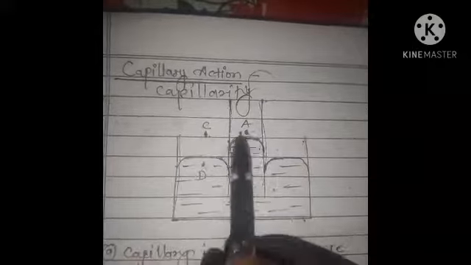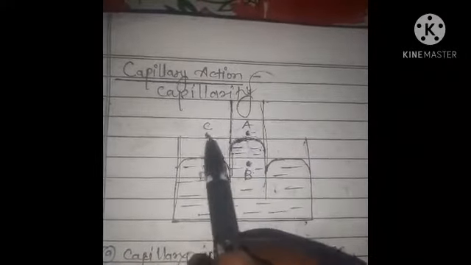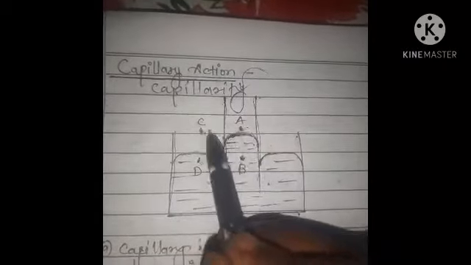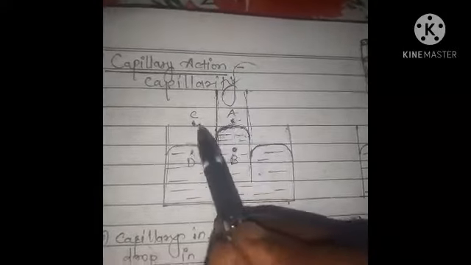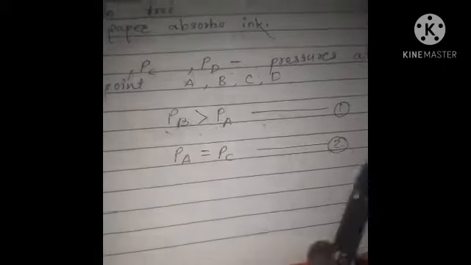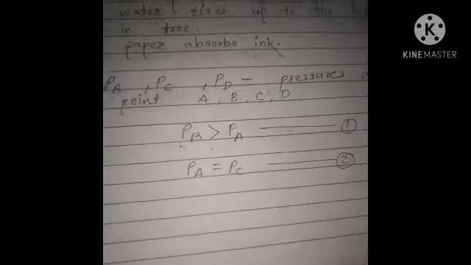Similarly, see this diagram and consider these two molecules A and C. These two molecules are at the same level. So the pressure at these two molecules must be the same, that is atmospheric pressure. Therefore, we can write PA = PC. Suppose this is equation 2.